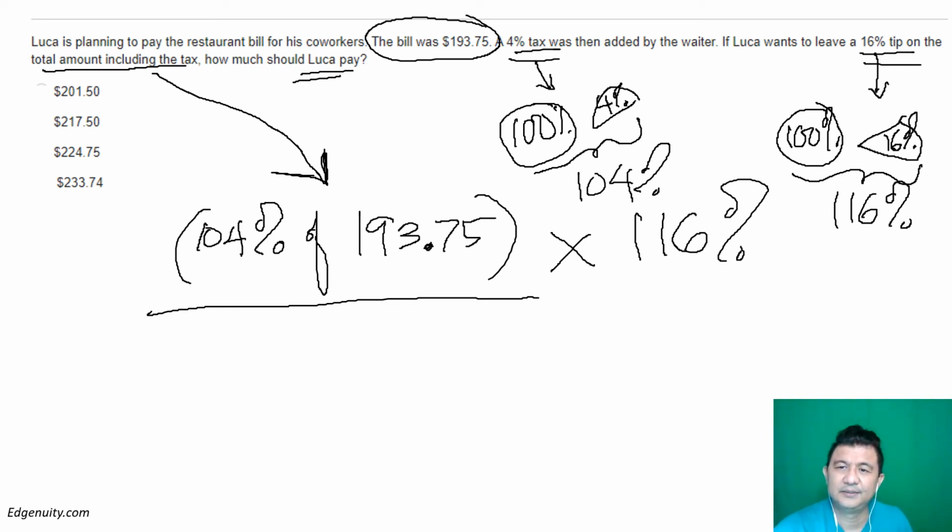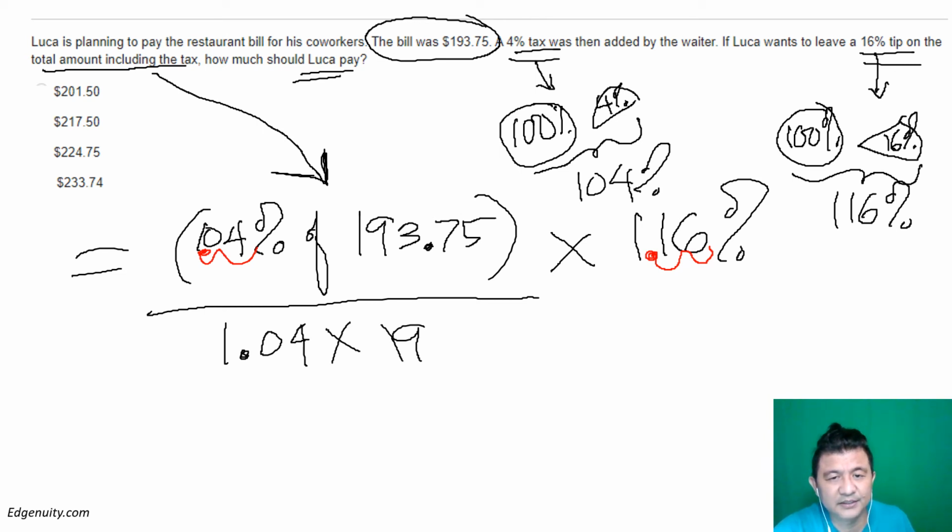Is that clear? All right, so this will be my equation. But I cannot use percent. I move the decimal to the left, so at the end, I'm going to multiply 1.04 times 193.75.